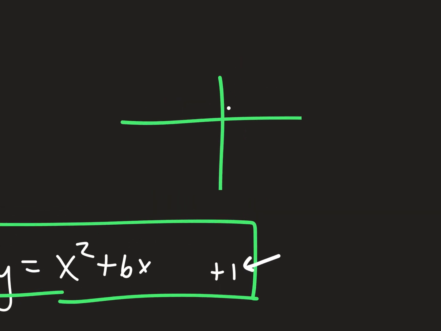Couldn't it possibly look like this where it doesn't have any solutions? It might. I haven't graphed it yet, so I'm not sure, but that would have no solutions. Couldn't it also have a y-intercept of 1 and have 2 solutions, like if it went like that? You know what I mean? It could have 2 solutions.